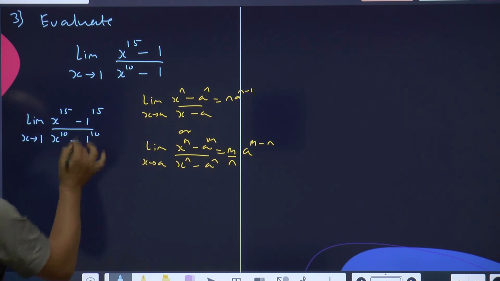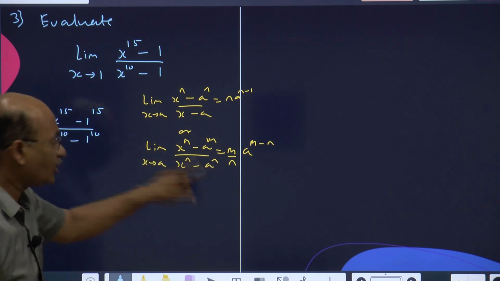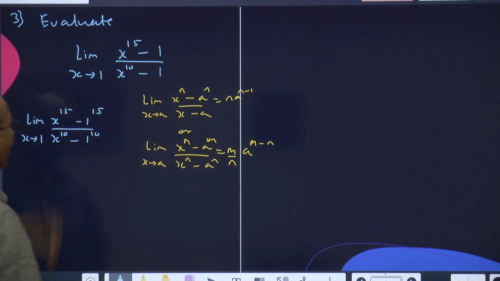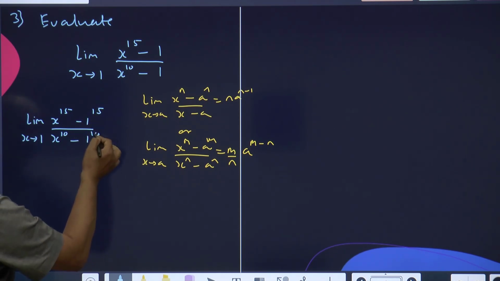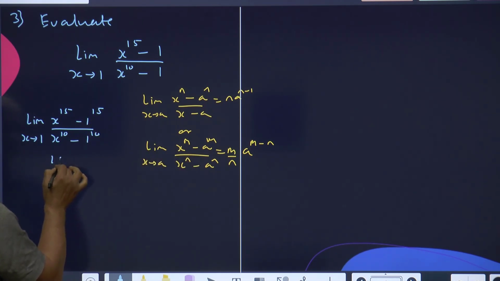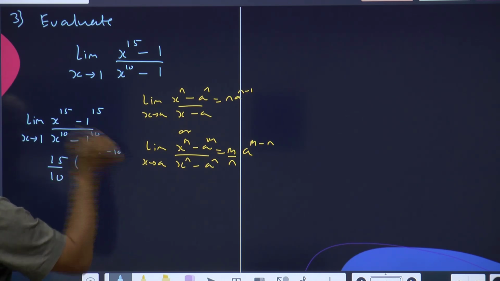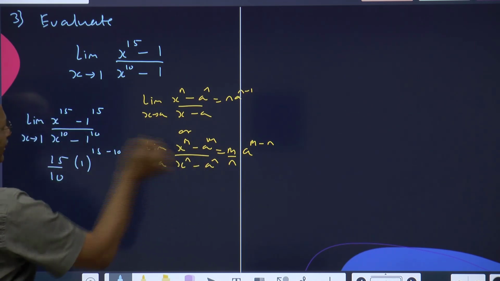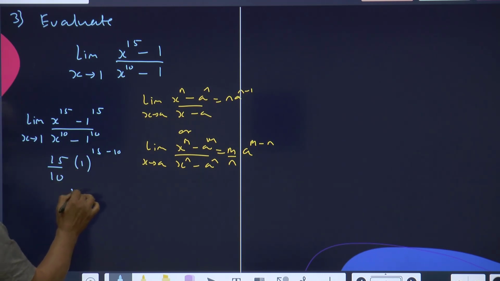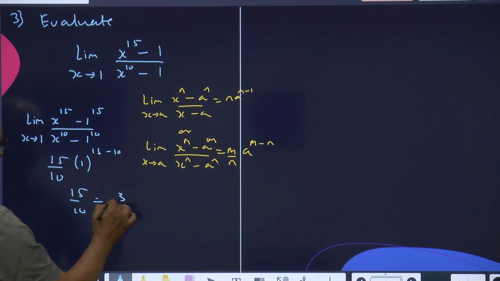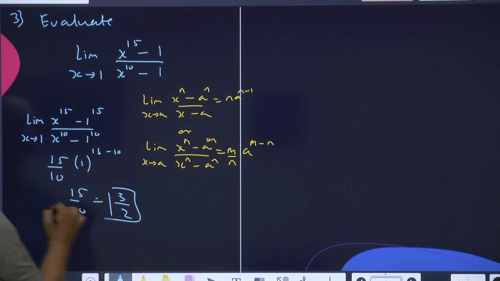So after this you write this form to tell the teacher that this sum belongs to this format, and then m is 15, n is 10. So the formula gives 15 upon 10, 1 raised to 15 minus 10. a is replaced by 1 here, and 1 raised to any number will be 1. So I think 3 upon 2 is the answer for this particular question.